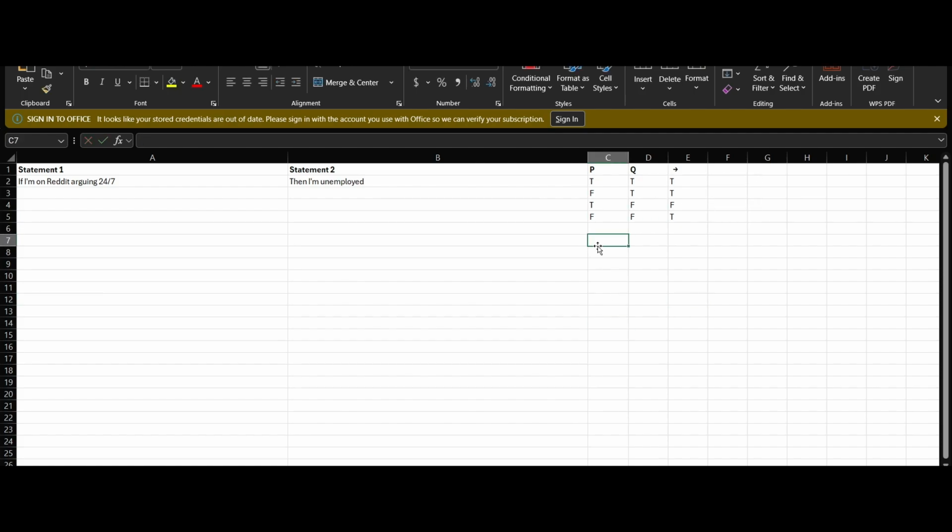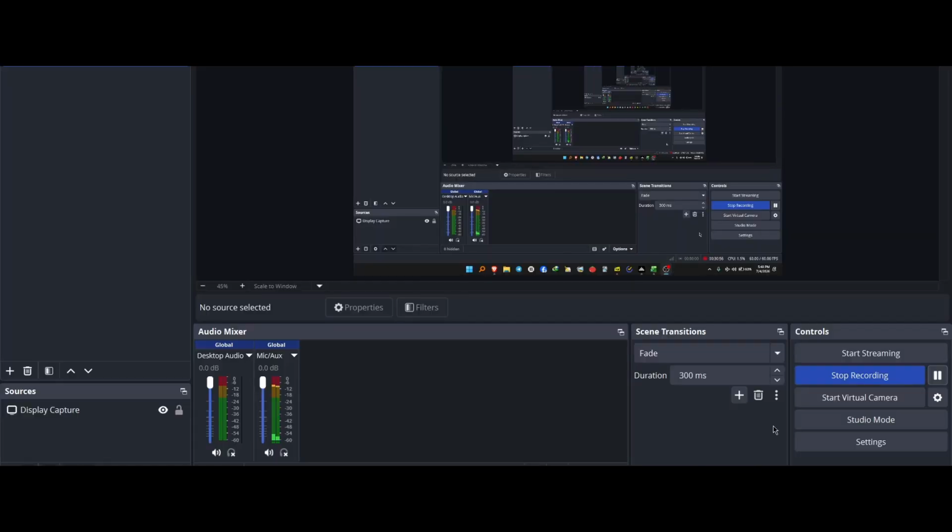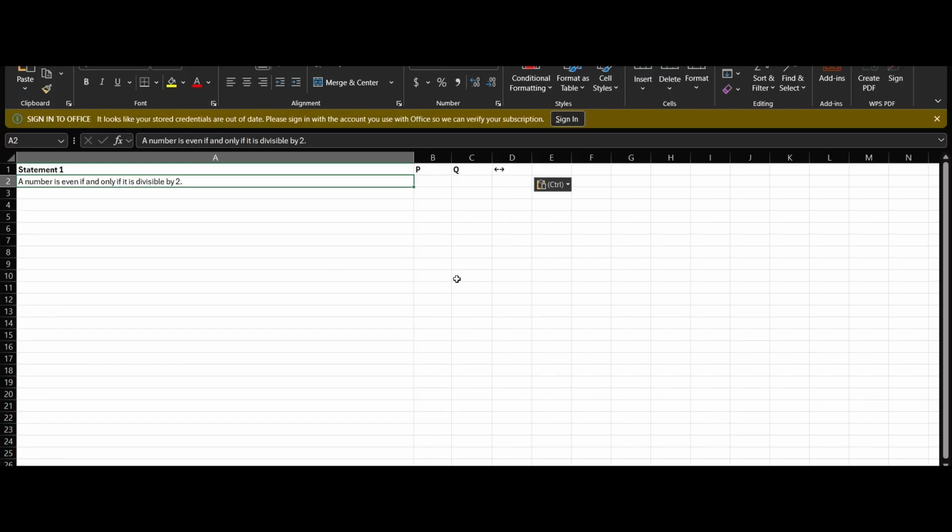So now let's go on to biconditional statements. Okay. Now we're going to be tackling the very last part of truth tables, which are biconditional statements. So let's say I already removed the column wherein it says statement two, but this is very obviously statement two: it is divisible by two.